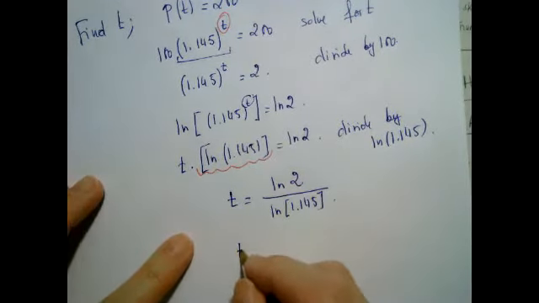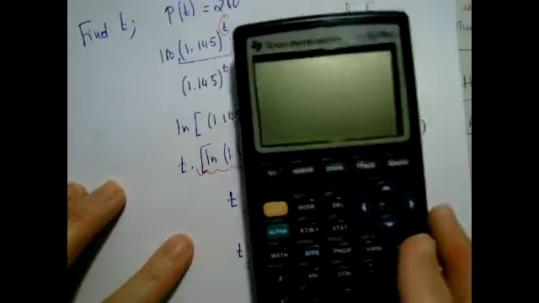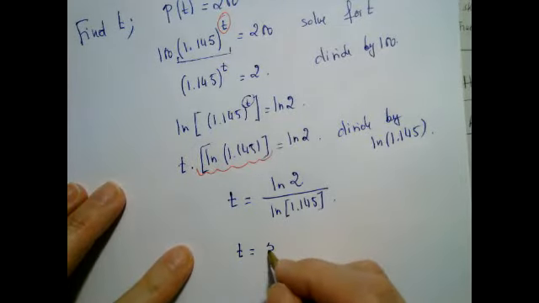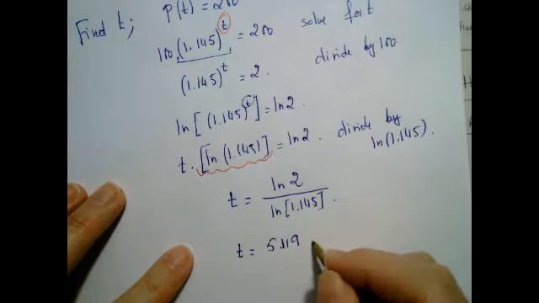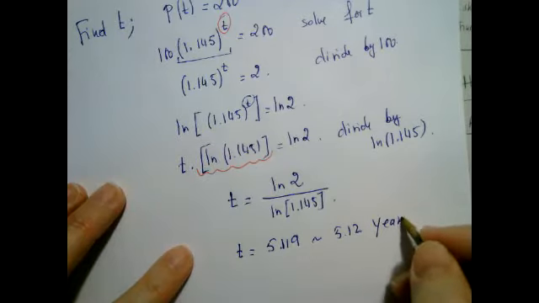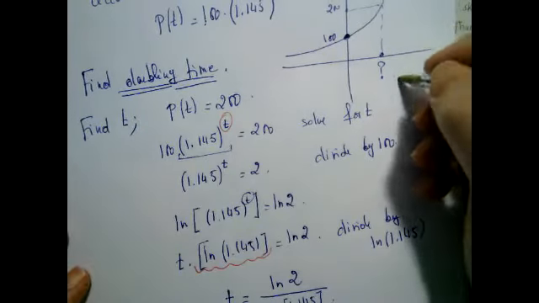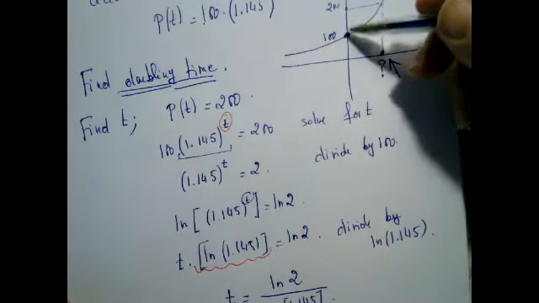And we pick up our calculator and I evaluate this term. Okay, thank you very much, Matt. I get 5.119. Means almost 5.12 years, that's my doubling time.